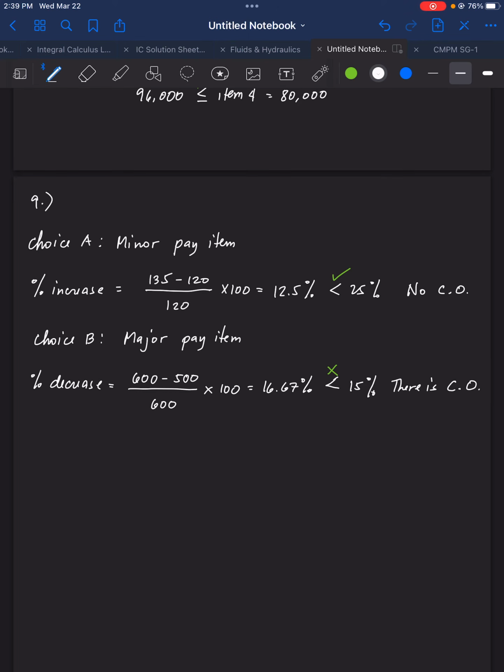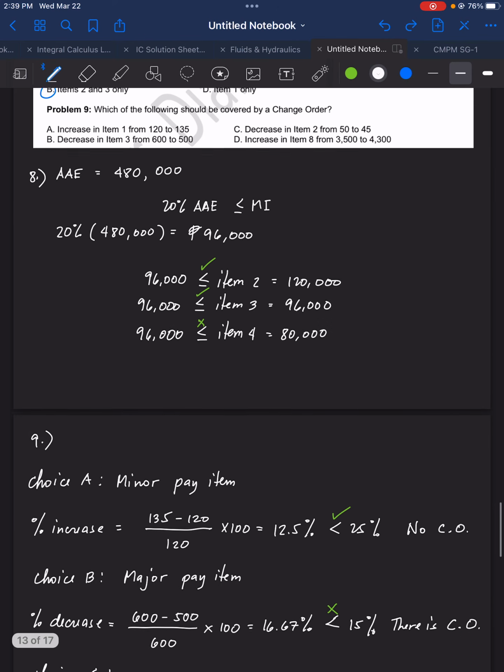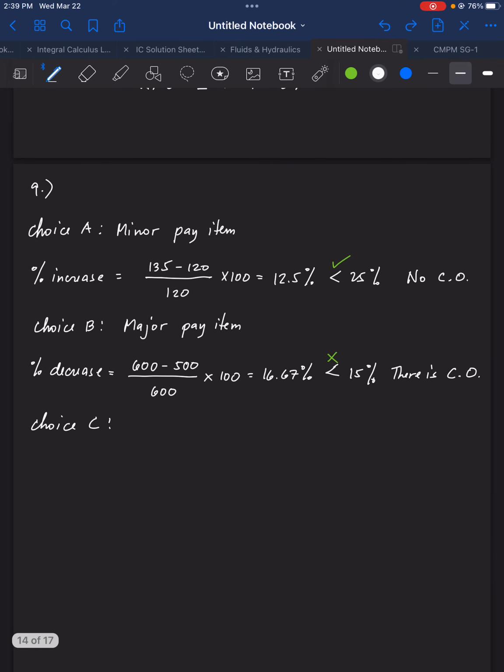But let's see the other choices. Choice C is a decrease in item 2, a major pay item, from 50 to 45. So this is another major pay item.